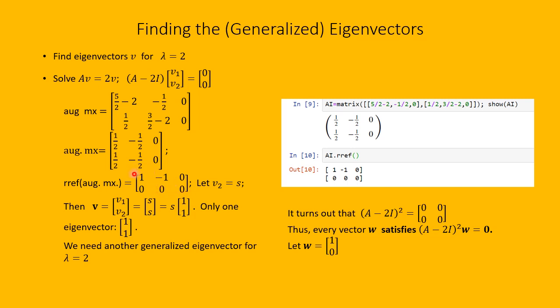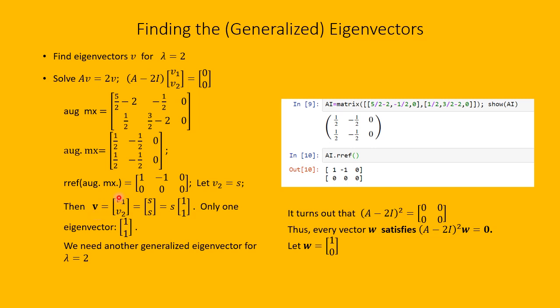Looking at this, v1 is the leading variable, and v2 is the free variable. So let's let the free variable v2 equal s and solve for v1. We have v1 minus 1 times s equals 0, so v1 is also s.